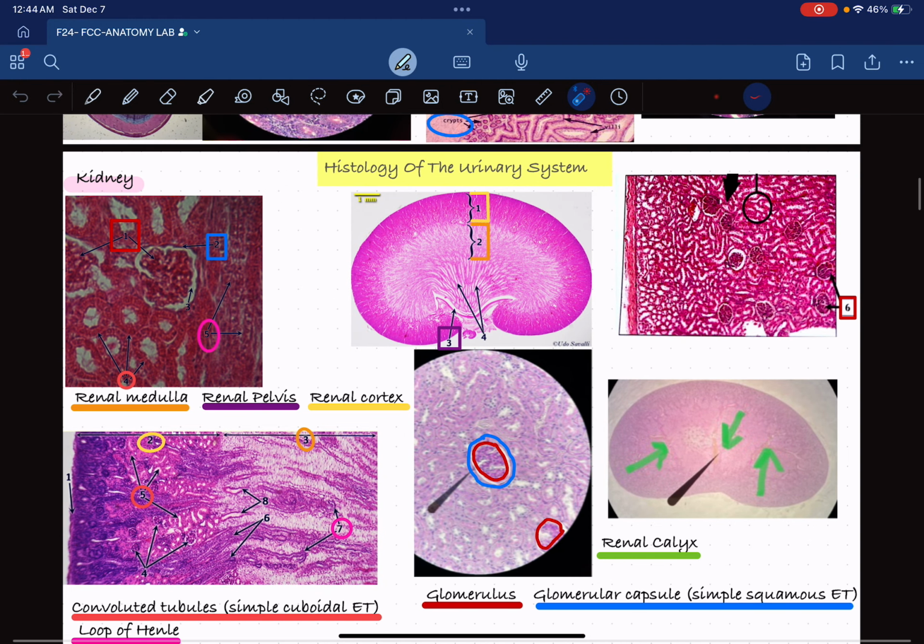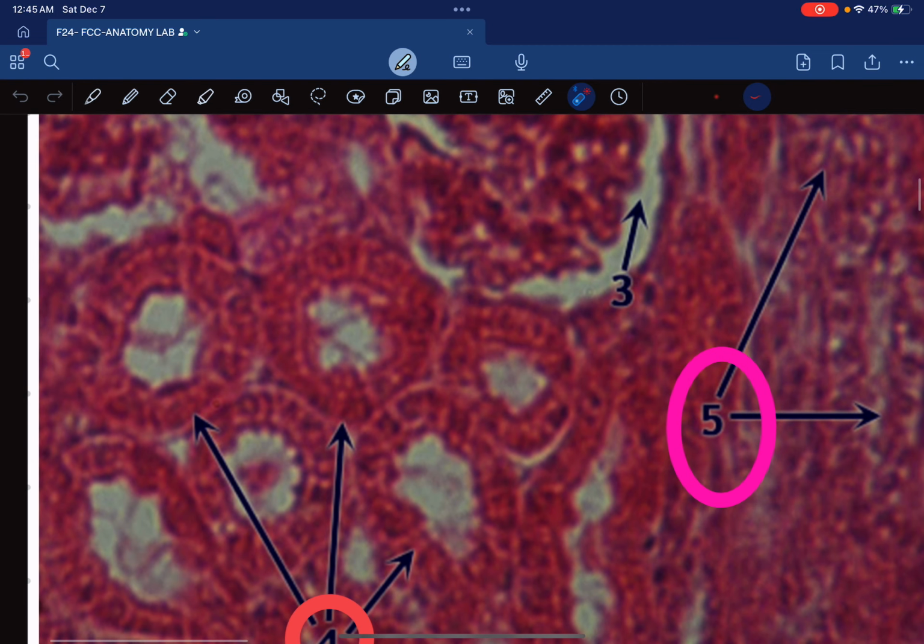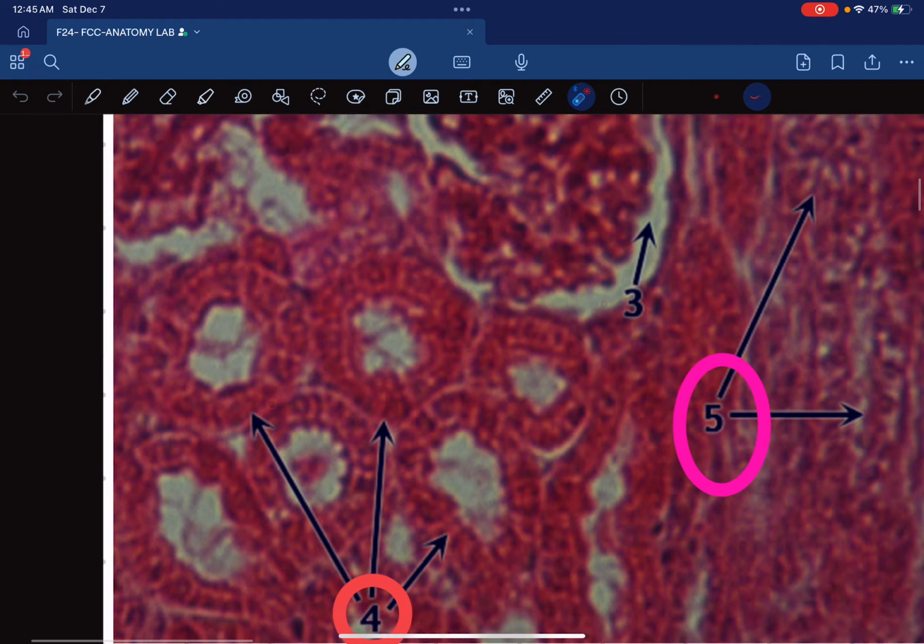The convoluted tubules, which are made out of simple cuboidal epithelial tissue, can be identified right here, but a better image can be seen right here, showing all of the convoluted tubules, and zoomed in, you can see the square shape of the simple cuboidal single row.